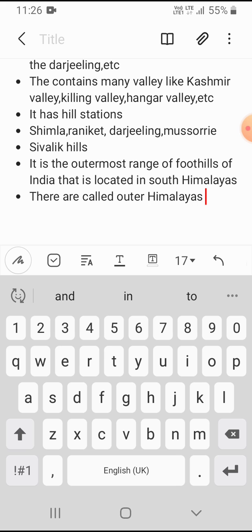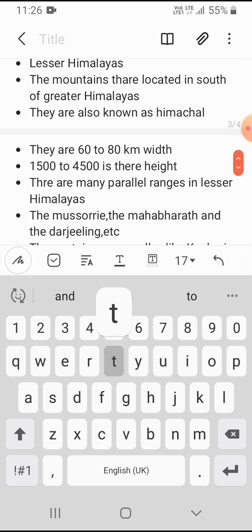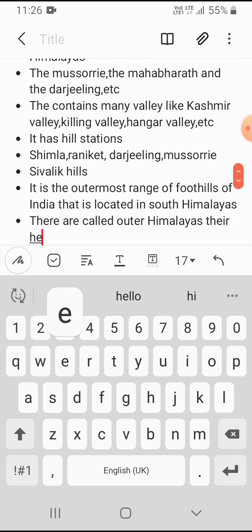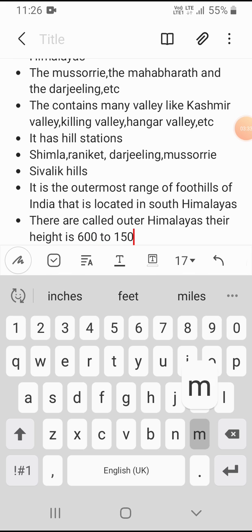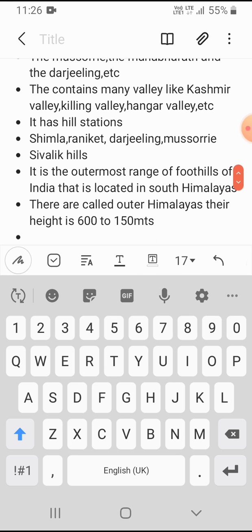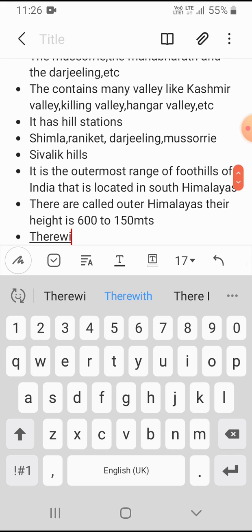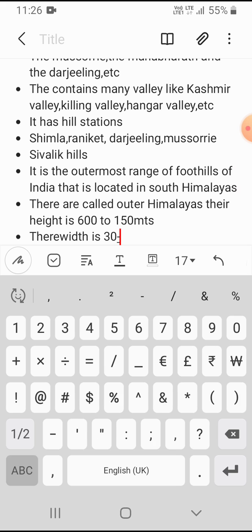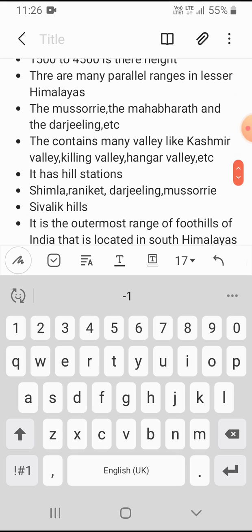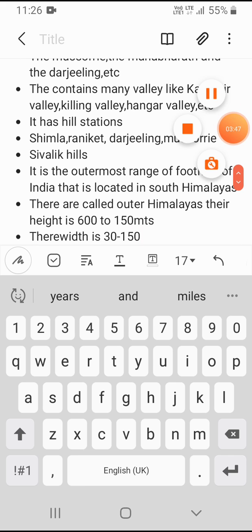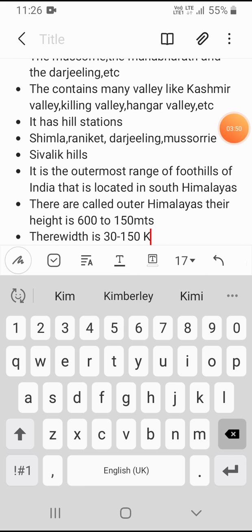Their height is 100 to 150 meters, and their width is 30 to 150 kilometers.